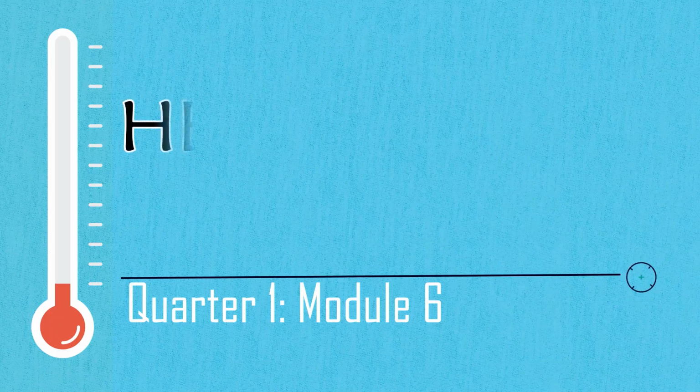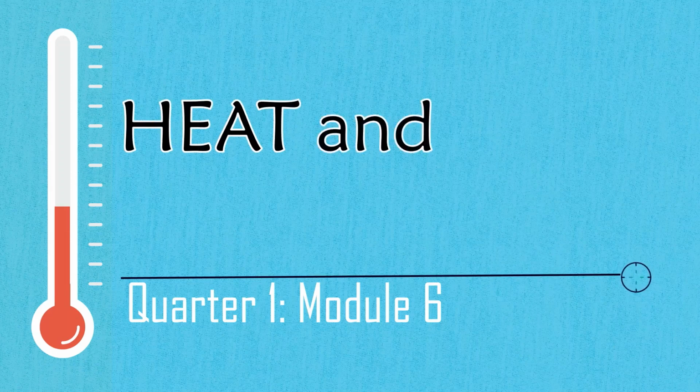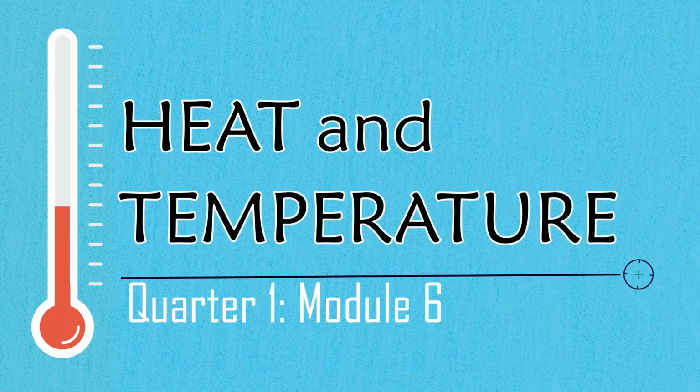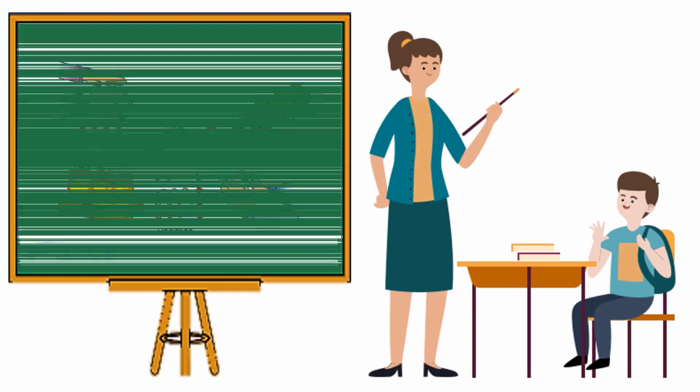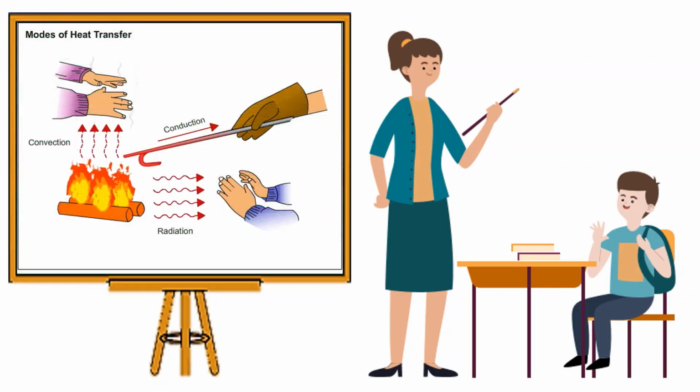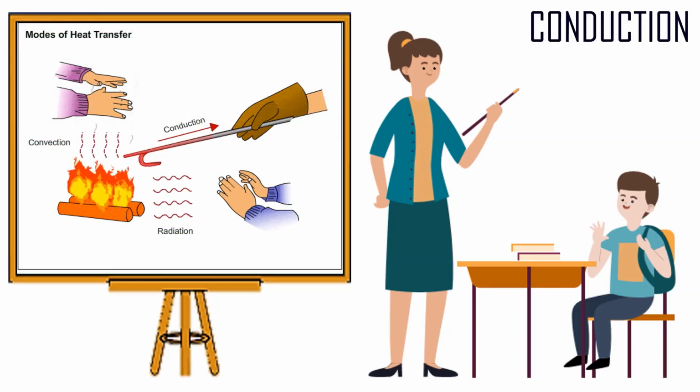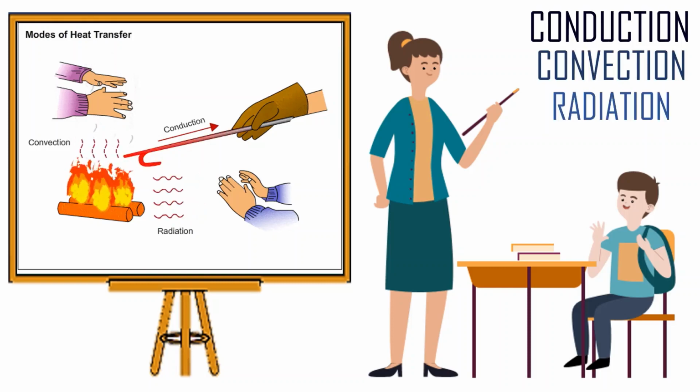Hello everyone! For today's session, we are going to discuss heat and temperature. You have learned in the previous grade that heat transfers from one body to another of different temperatures through conduction, convection, and radiation.